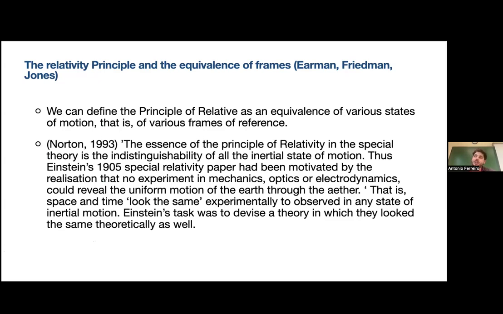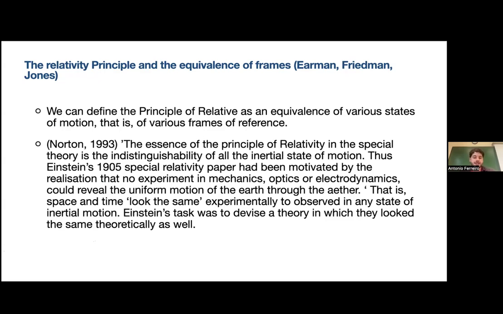This is the whole idea of the principle of relativity in special relativity, Galilean spacetime and Newton's theory, as I have said before. Let me read here: the essence of the principle of relativity in the special theory is the indistinguishability of all the inertial states of motion.